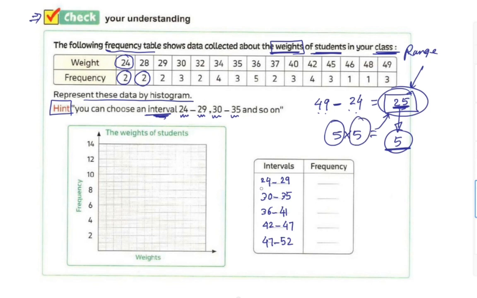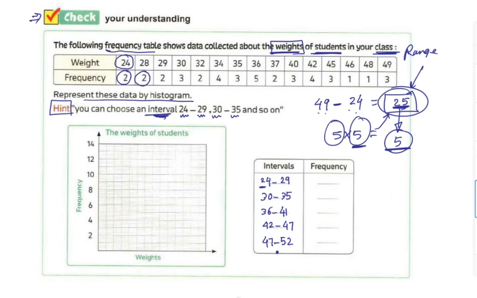But he started from the least one, the minimum, and ends by the maximum. Where is the maximum? 49 will be between these two numbers. Now he started from the minimum, 24, and adds 5 each time: 24, 29, 30, 35, 36, 41, 42, 47.